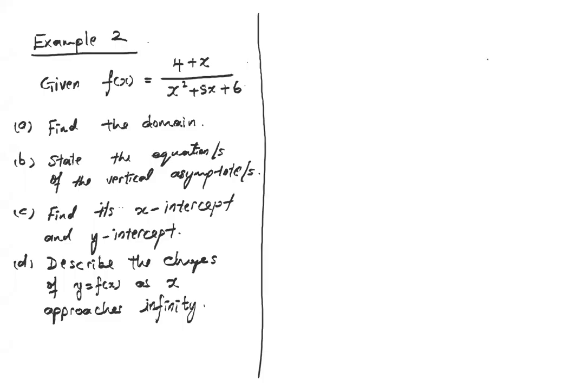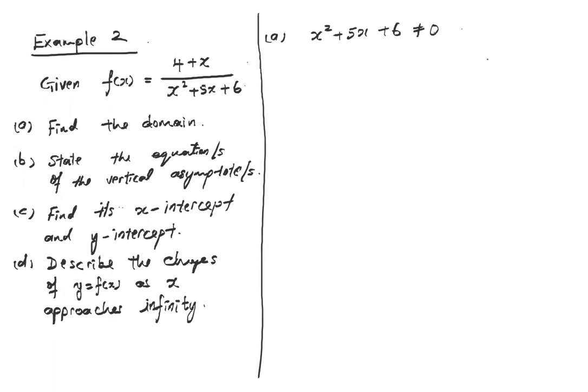Okay, so for part A, the denominator cannot be equal to 0, correct?